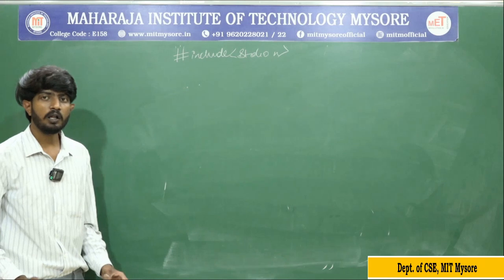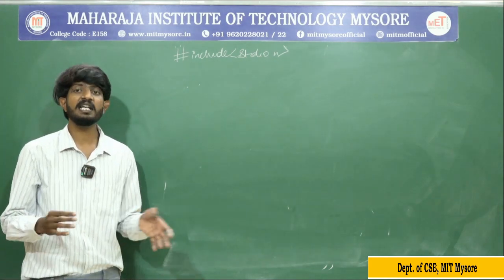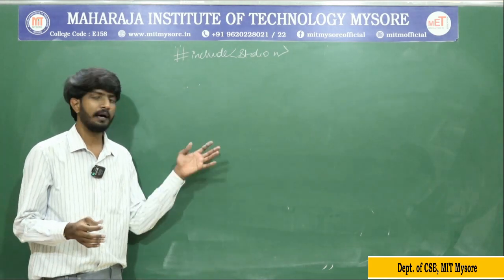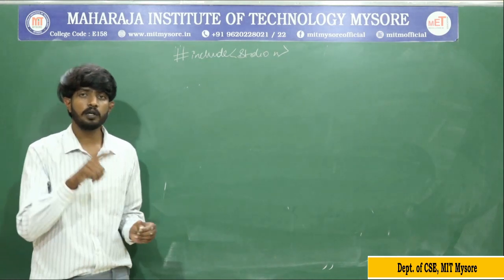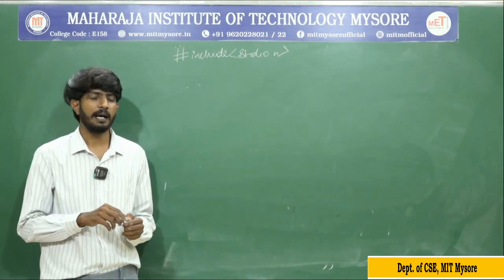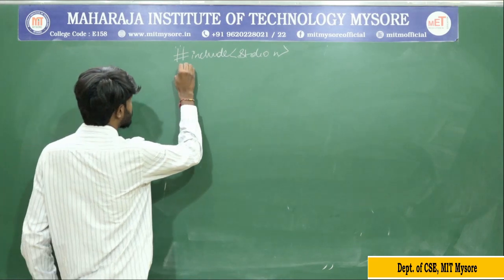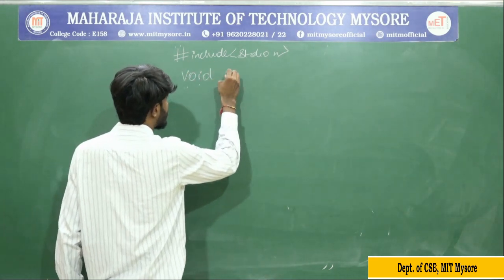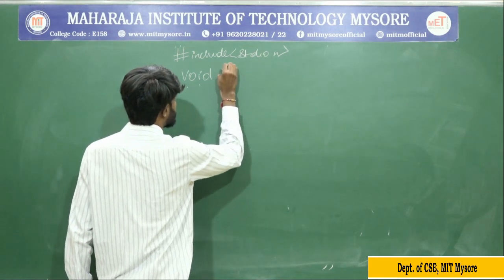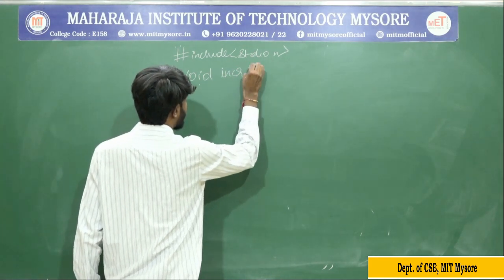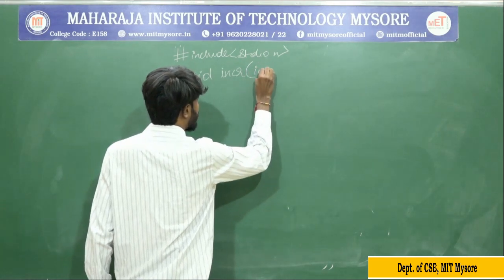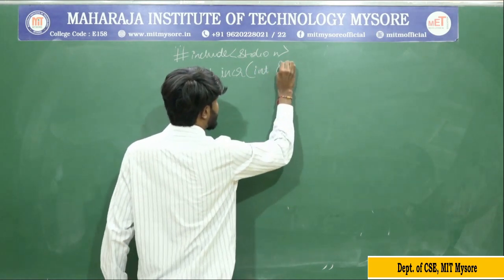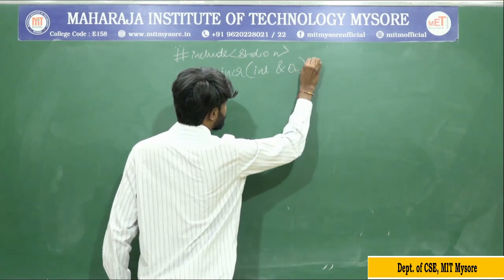Now, to get the address of a variable, as I have already told you, you need to use the ampersand. We will declare the function here, incr, int, ampersand of a.